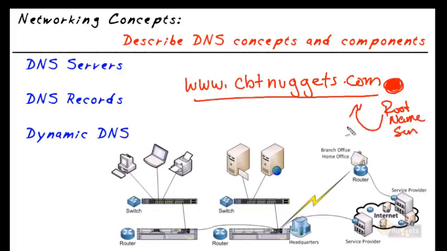And the .com, we have the top level domain servers, and they are responsible for, there's a whole bunch of them for .com, there's a whole bunch for .net, there's a whole bunch for .biz and .ws and everything else. And those top level domain servers, they know how to reach the authoritative name servers, also called DNS servers.